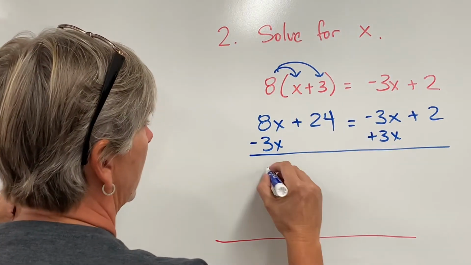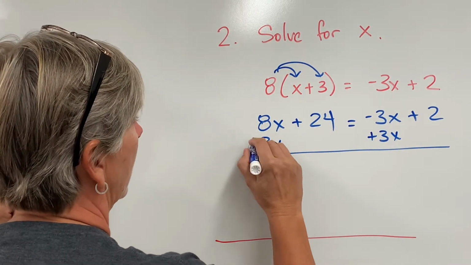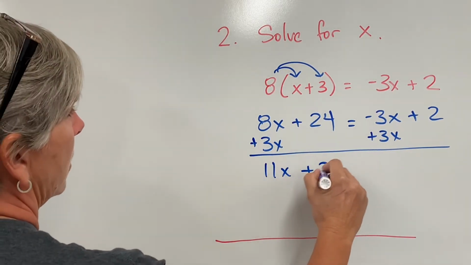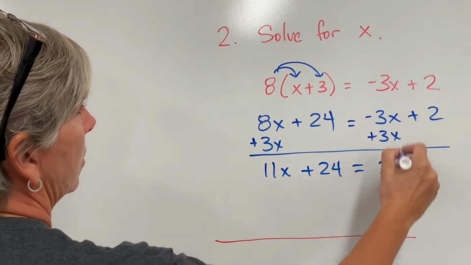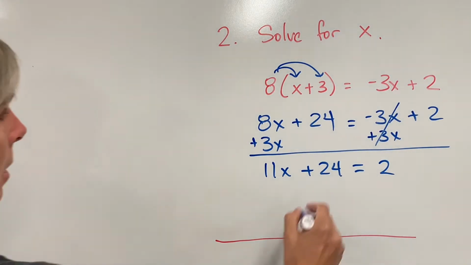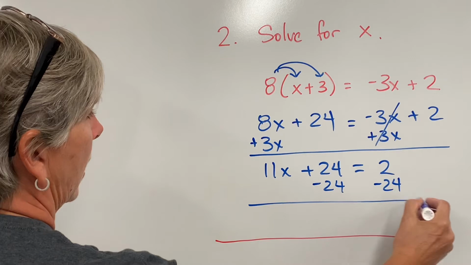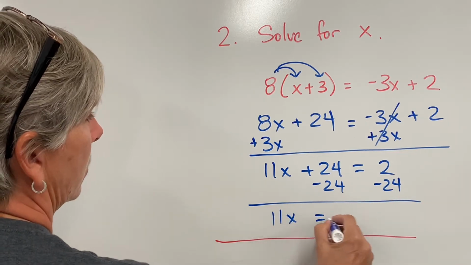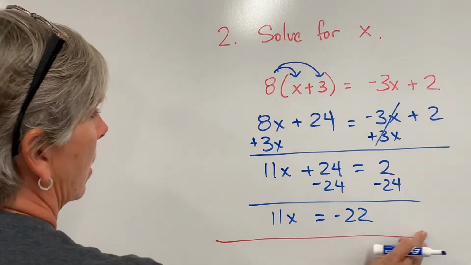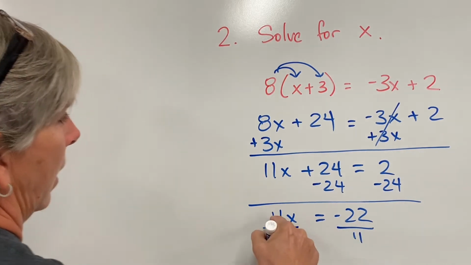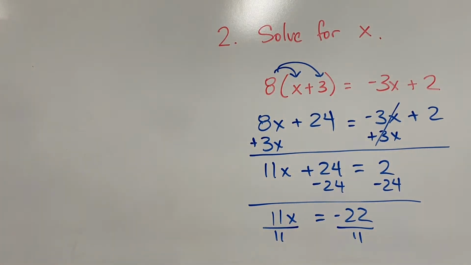So I would get 11x plus 24 equals 2, because those cancel. Now if I subtract 24 from both sides, I get 11x equals negative 22. My last step would be to divide by the coefficient of the x term, in this case 11.